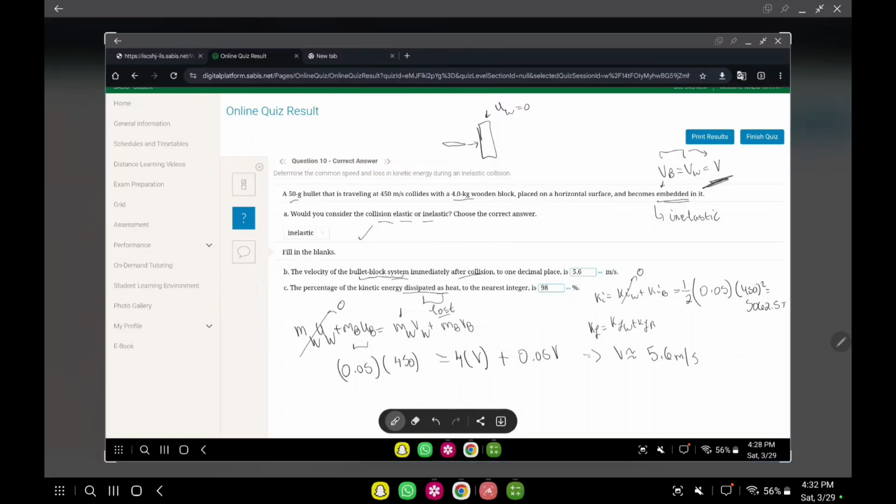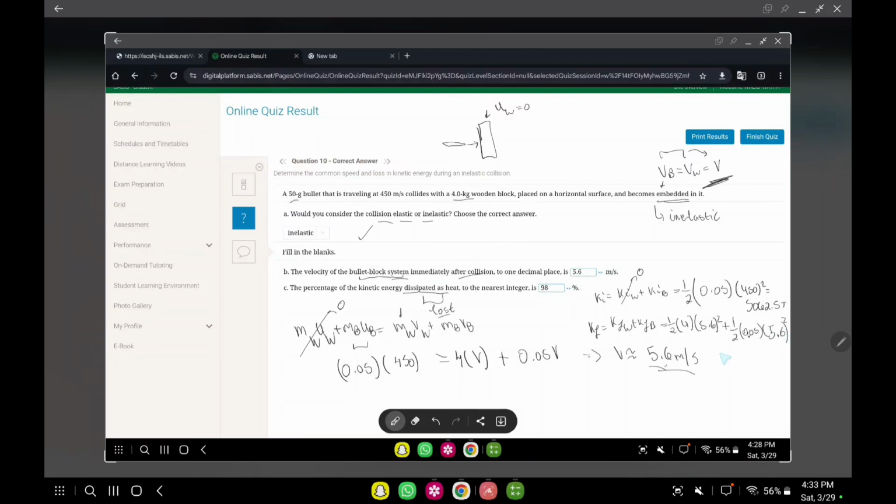K final would be the kinetic energy final of the wood plus K final of the bullet, right? So it's going to be half times the mass of the wood, which is 4, times its velocity squared, so 5.6 squared. Don't forget they're embedded, so the wood and the bullet have the same velocity, plus half times the mass of the bullet times its final velocity squared.